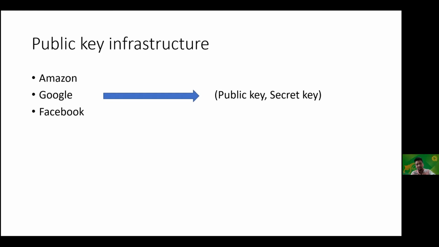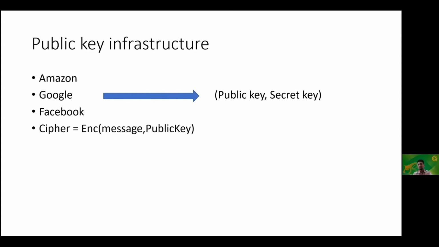Amazon, Google, Facebook, all of them have done it. Maybe only a few of their people know. So they generate this public key and secret key. They keep the secret key to themselves, like an official secret, very important. And then they publish the public key to this public key infrastructure. So if you just search online, you will be able to see the public keys of all the known websites that use secure communication.